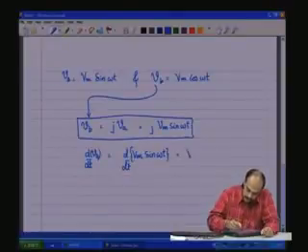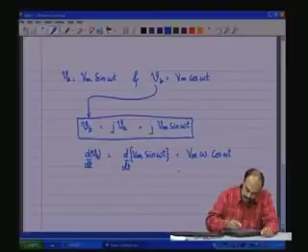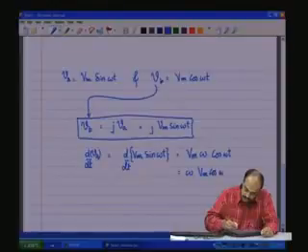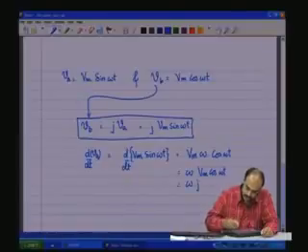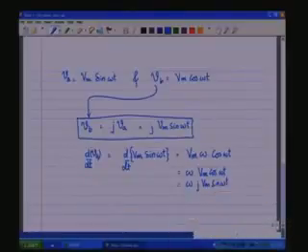This is equal to Vm omega cos omega t, which is equal to omega into Vm cos omega t, which is equal to omega into j Vm sin omega t, or which is equal to j omega VA. So, d by dt of VA is going to result in j omega VA.